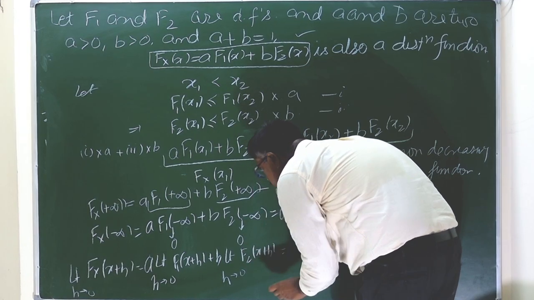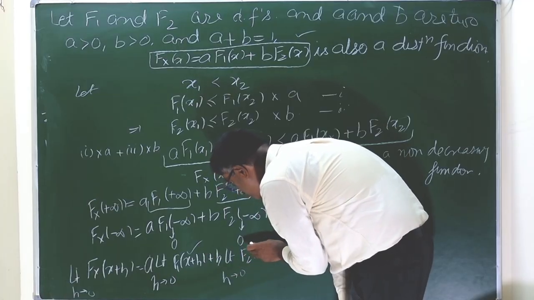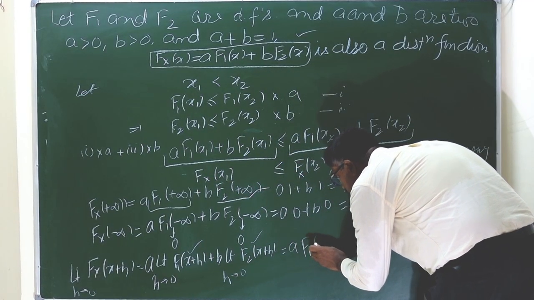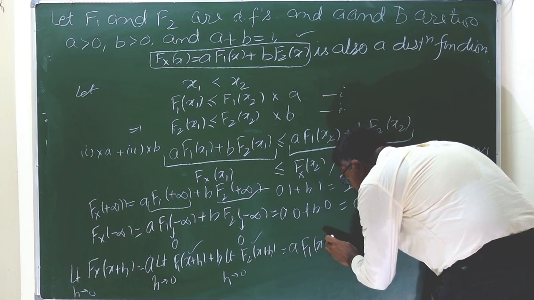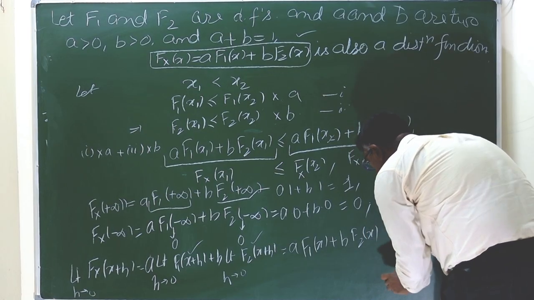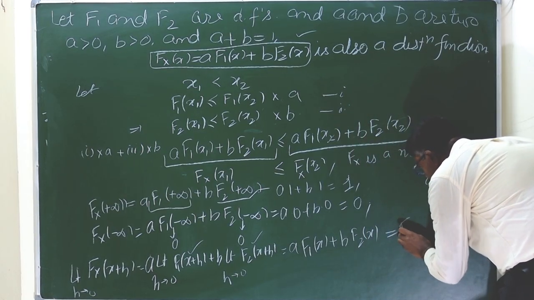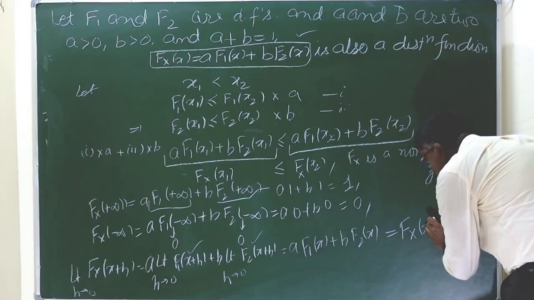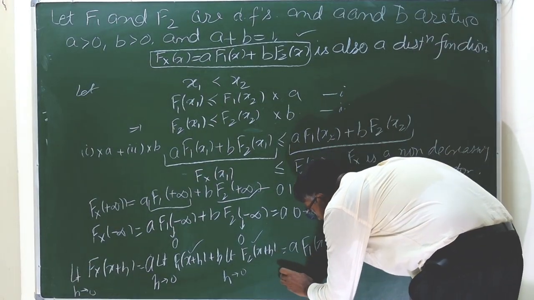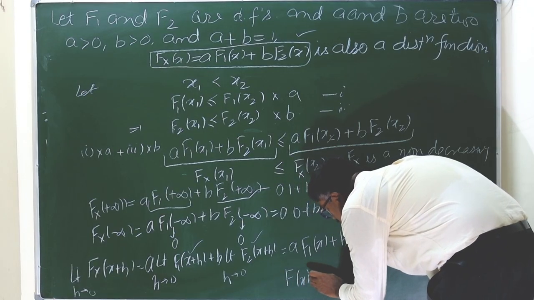Since these two are also distribution functions, they are also right continuous. So we get a times f1 at x plus b times f2 at x, which is nothing but F of x. So we established that F of x is right continuous.